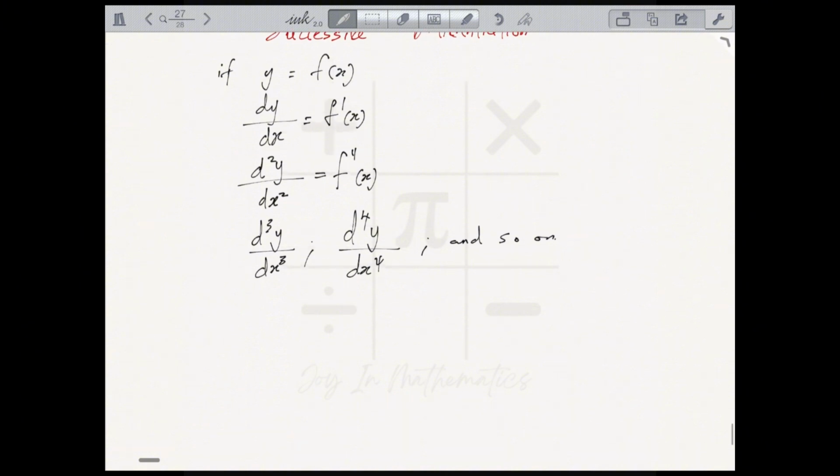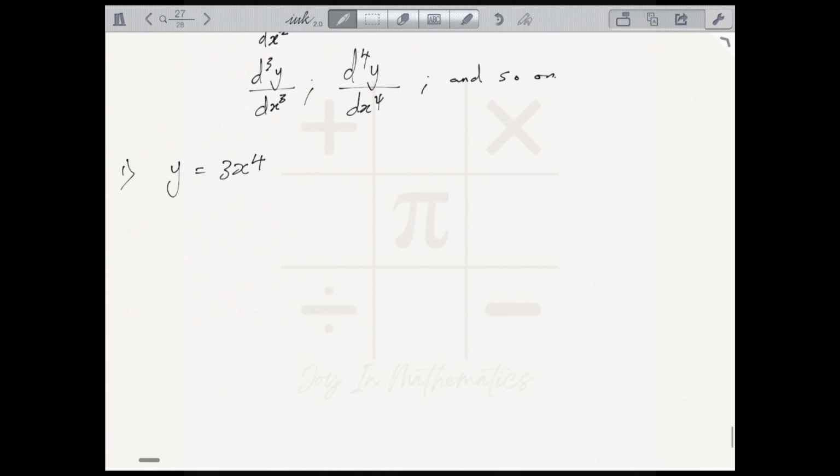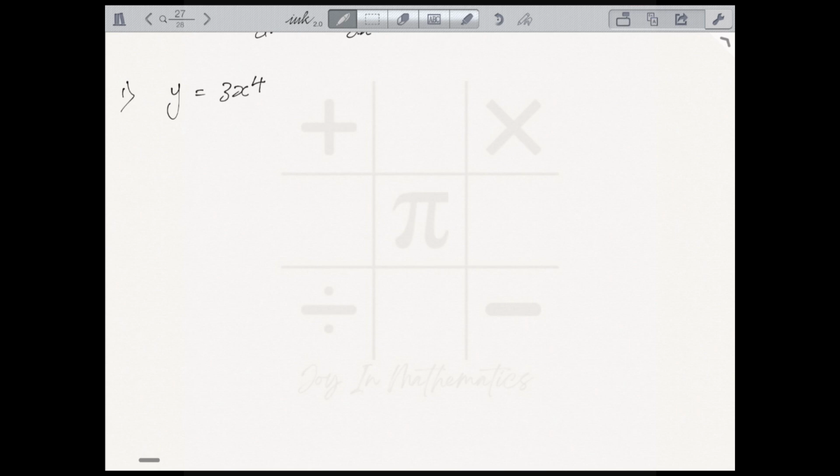Now let's take for instance, we are given that y is equal to 3x raised to power 4. Okay, now we want to find an expression up to d to the power 5 y over dx to the power 5, up to the fifth derivative.